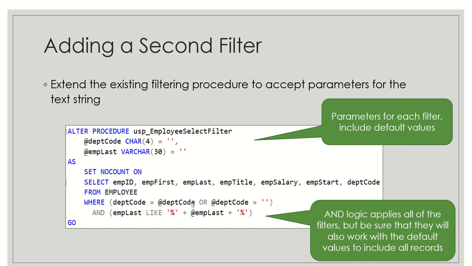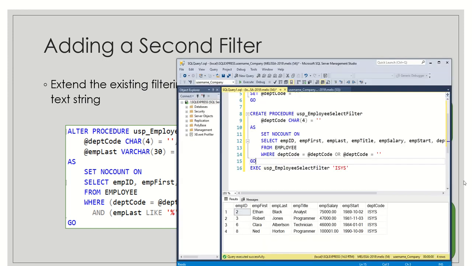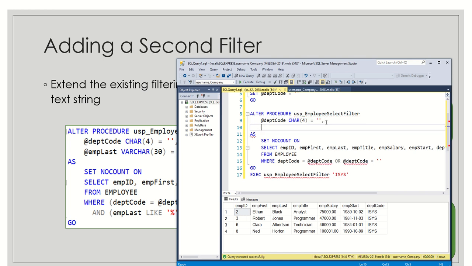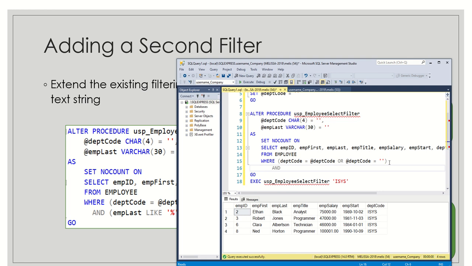So let's take a look at putting this into our SQL statement. I'm just going to alter this procedure to add on our second parameter. I chose 30 as the size because that's the maximum length that a last name can be. And I chose the empty string as the default so that when I come along here and add my AND command, just get it to line up.